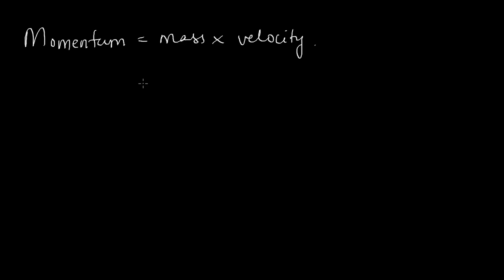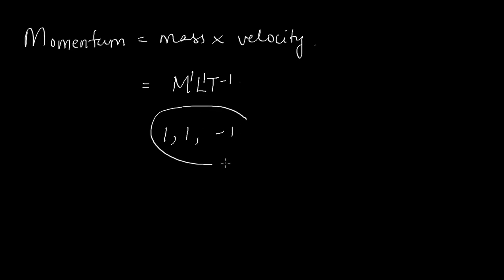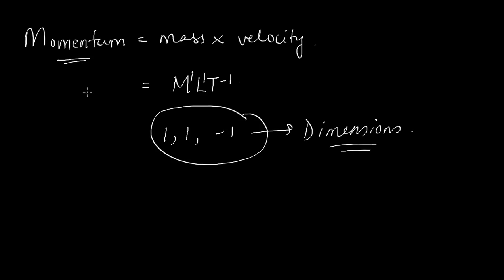So dimensionally, mass is denoted by capital M, and velocity's dimension is the same as speed, so I have LT minus 1. So again, what are the powers here? Power of M is 1, power of L is 1, and T is minus 1. So these powers, 1, 1, minus 1, what are these called? These are called the dimensions, the dimensions of this particular physical quantity.